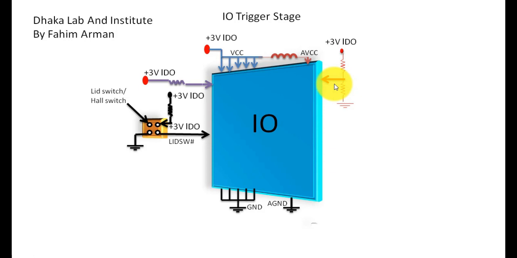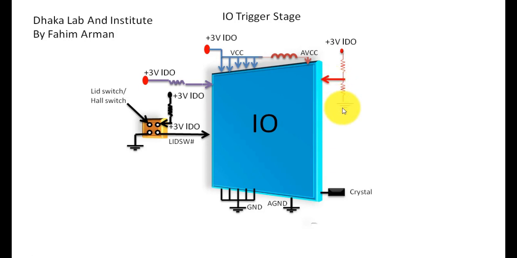This sector is very important because if this sector is bad, the IO trigger will not be successful. So for successful IO triggering, this thermal protection section or circuit is very important.